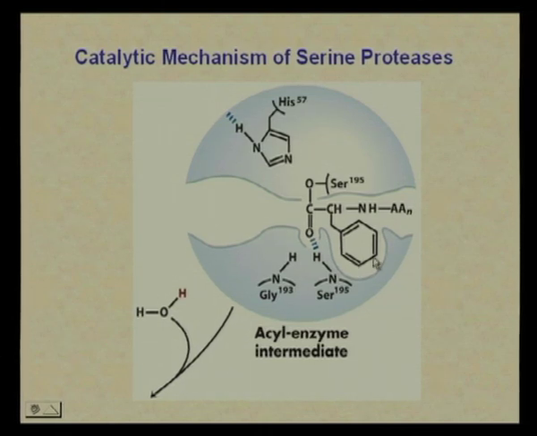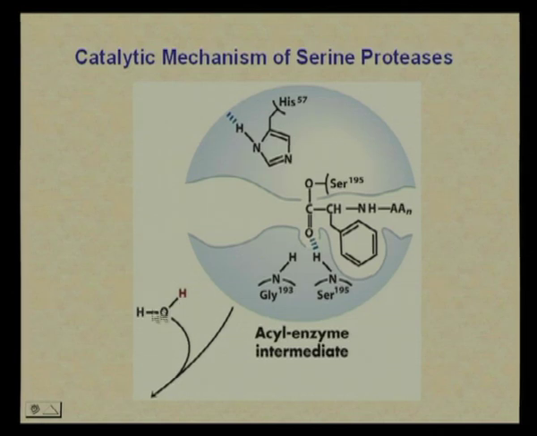So, this is a hydrophobic pocket. So, we have what is called an acyl enzyme intermediate. Why is it called an acyl intermediate? Because we have an OCO group here, okay, and this is the acyl group, and we have the enzyme still covalently linked to part of the polypeptide chain that it was supposed to cleave.